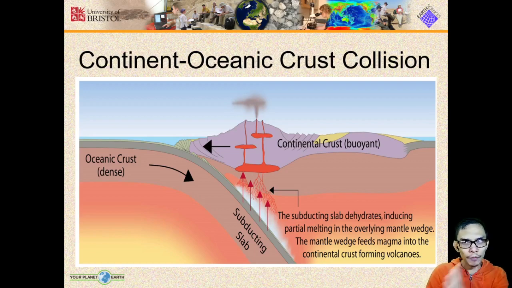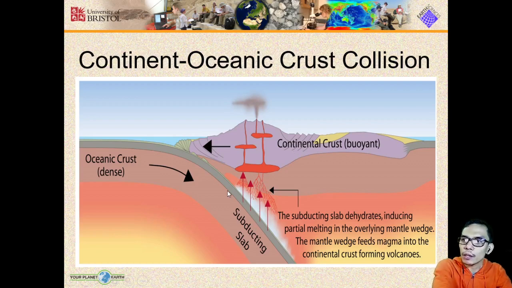There are several mountain ranges, plus there is a volcano. Not only that, there is also what they call a subduction zone, the one that you have right here. Because a denser plate will now collide with a less dense plate, the oceanic crust is diving below the continental crust.